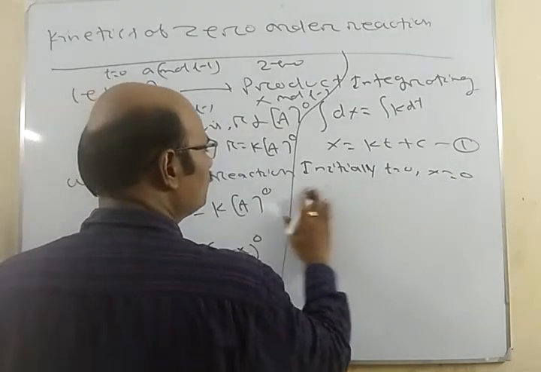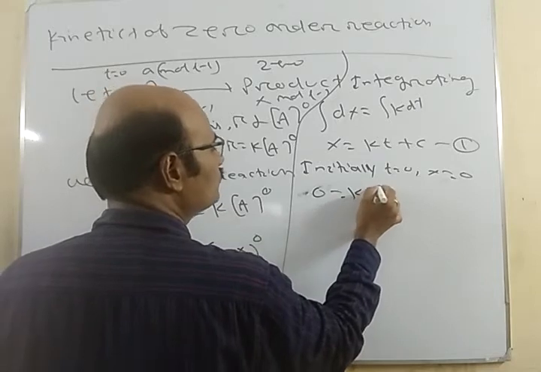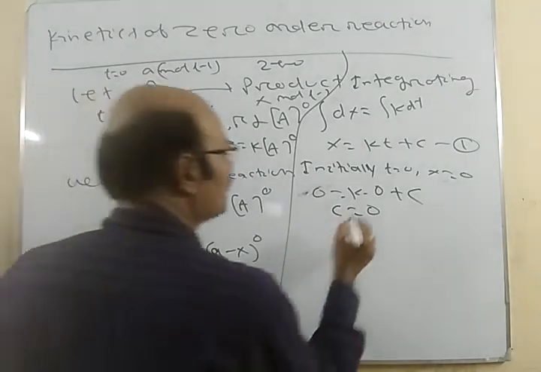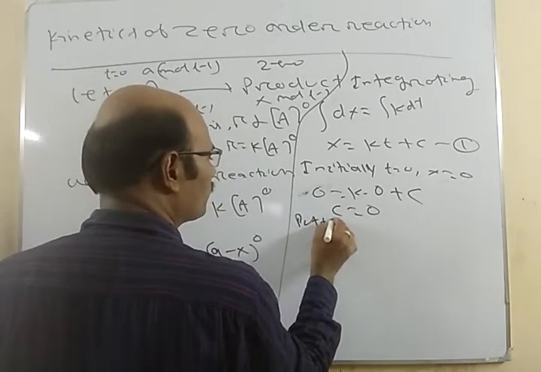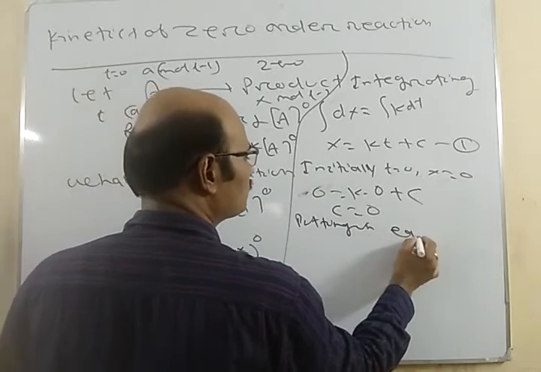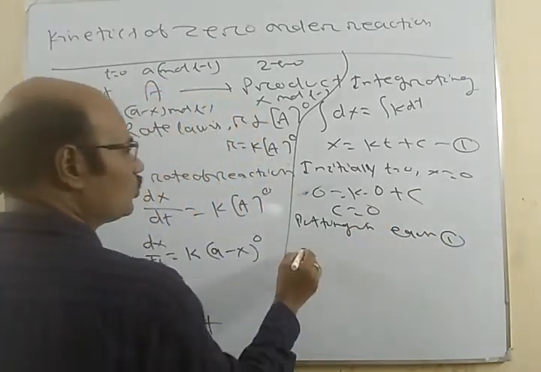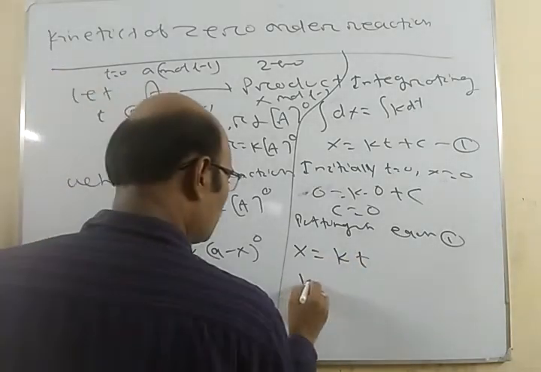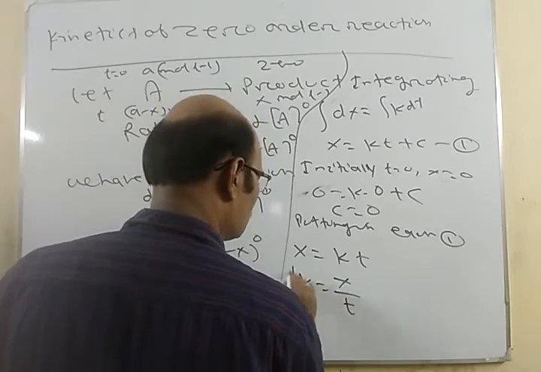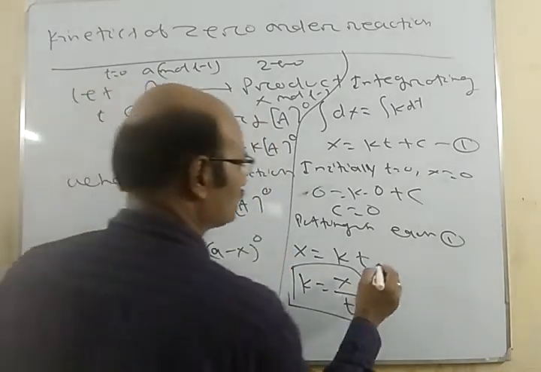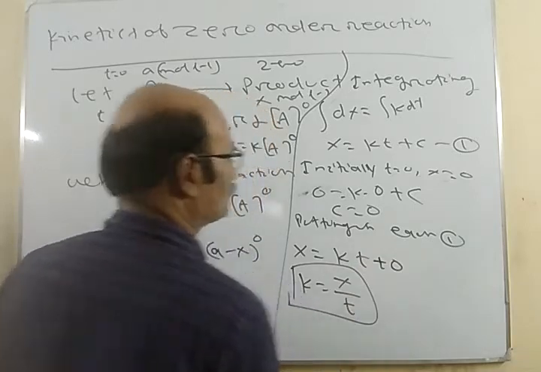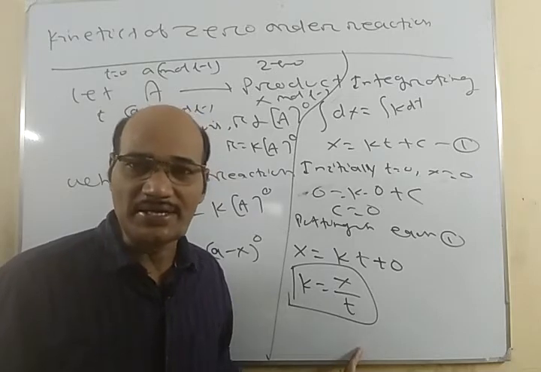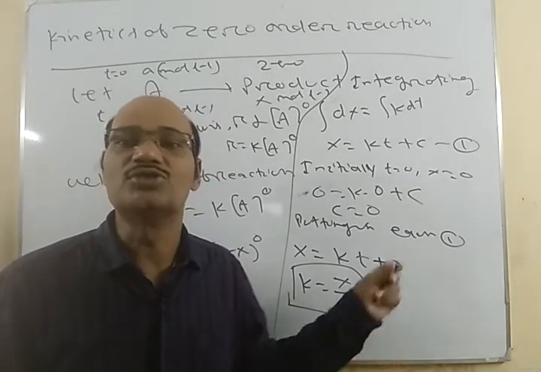So 0 equal to k into 0 plus c, so c equal to 0. Putting in equation 1, we have x equal to kt, or k equal to x by t.